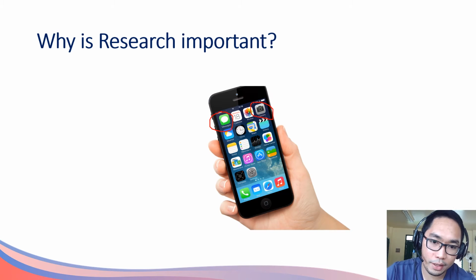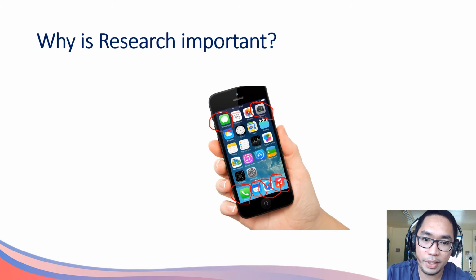Aside from that, it can make calls. It can also play music. It can also surf the internet. It can send emails. It can access social media accounts, no? The Facebook, Twitter, Instagram. And it can play videos from YouTube.